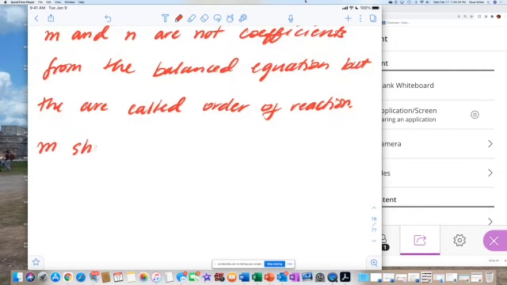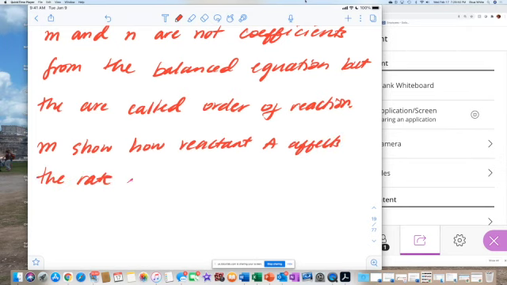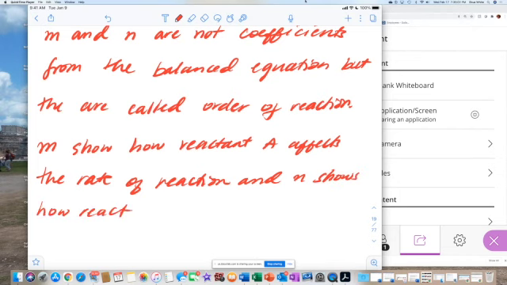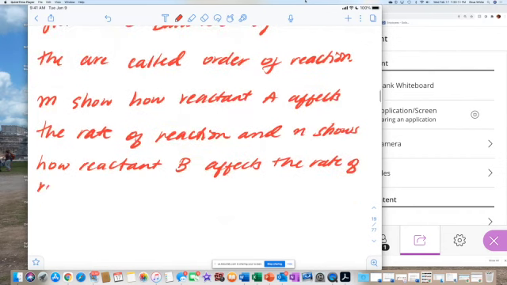m shows how reactant A affects the rate of reaction, and n shows how reactant B affects the rate of reaction.